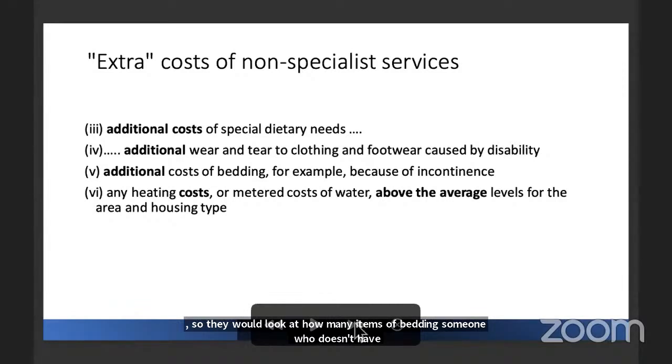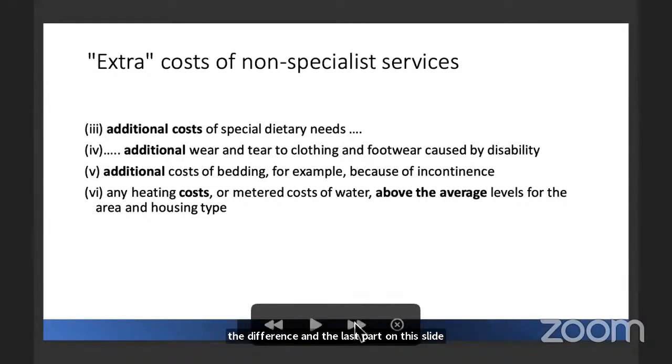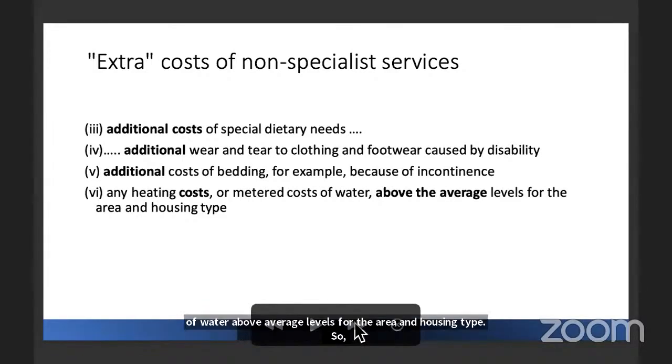And the last part on this slide is any heating costs or metered costs of water above average levels for their area and housing type. So this is important in a number of ways. If you happen to be a thrifty person and then you became disabled and your expenses have gone up, unfortunately, it doesn't help you.